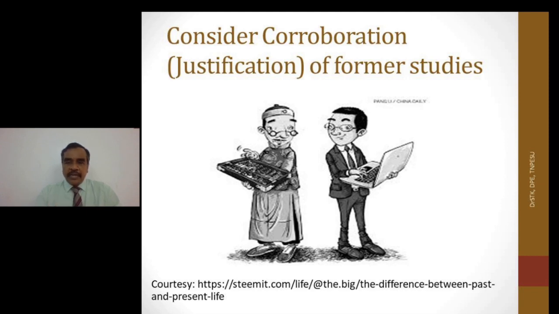So you have to read and prove that the training given by the particular researcher is incomplete. Then you can develop a new methodology, a new training method to develop the particular athlete's performance. Based on the former studies and their results, you can locate your research problem and you can prove or disprove the earlier result by doing a new research.